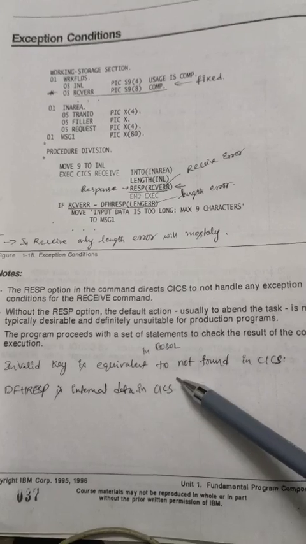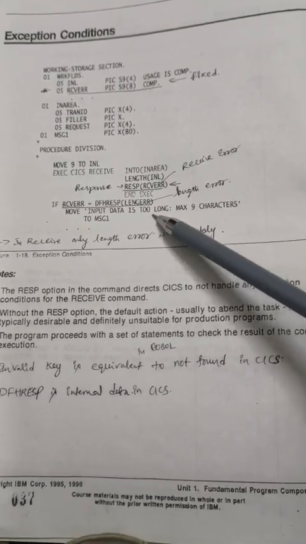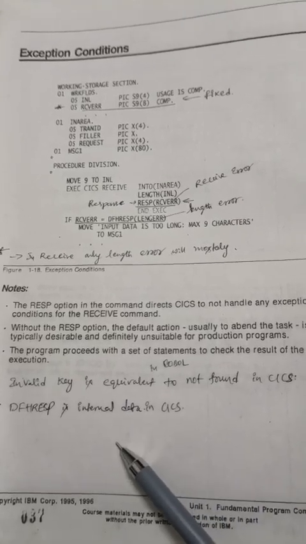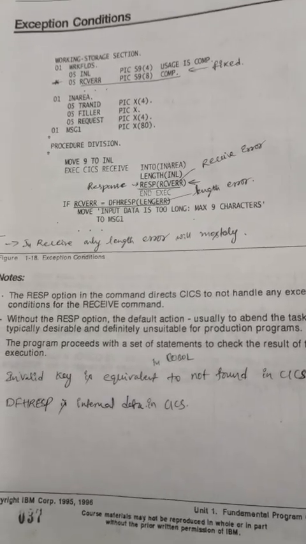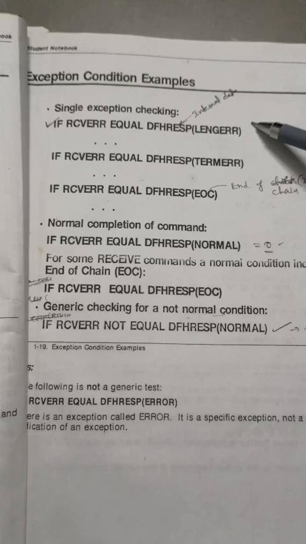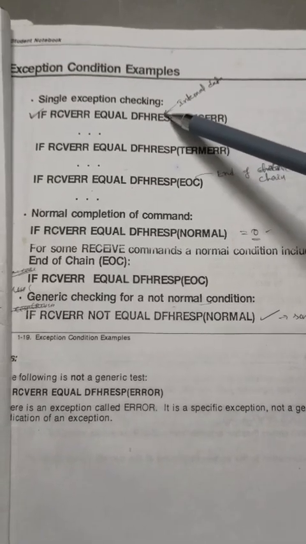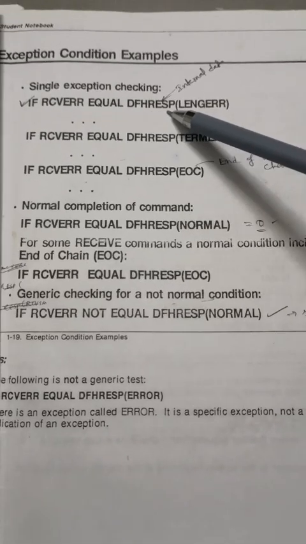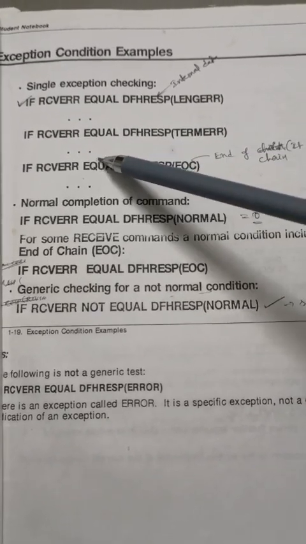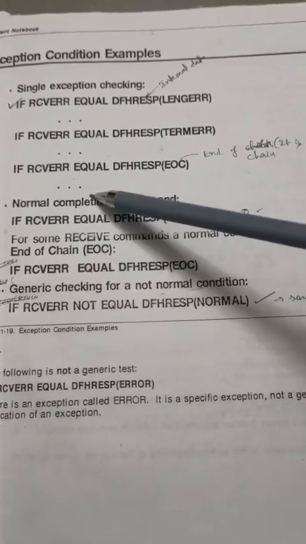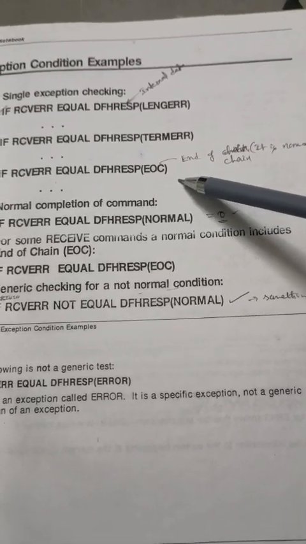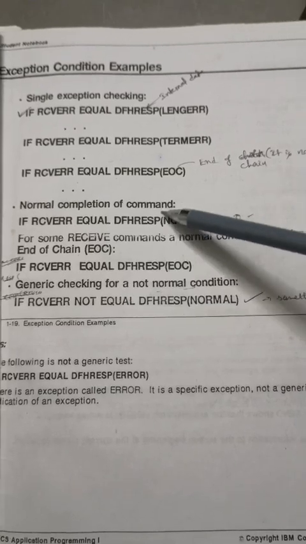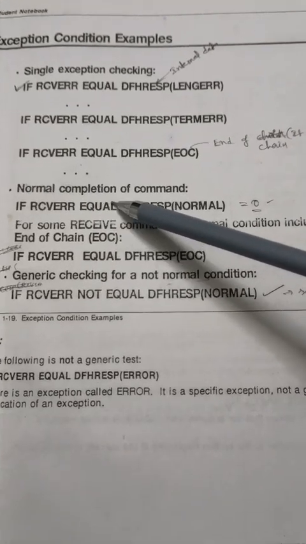For example, invalid key or not found in CICS. DFHRESP is the internal data in CICS. These are some examples of single exception checking. If the receive error is equal to DFHRESP(LENGERR), the length error, and similar terminal errors. If this is EOC, this is normal, end of characters, and normal completion of the command.